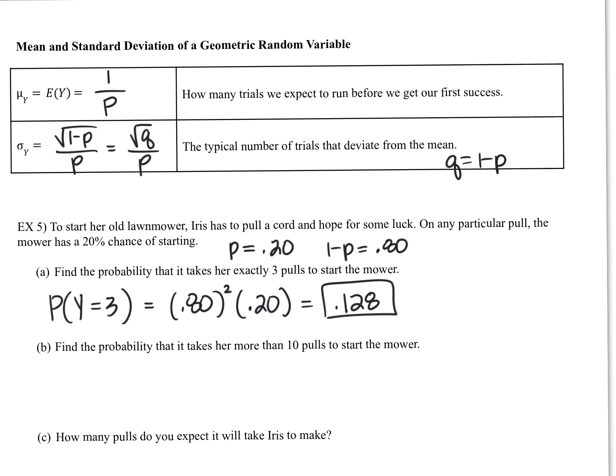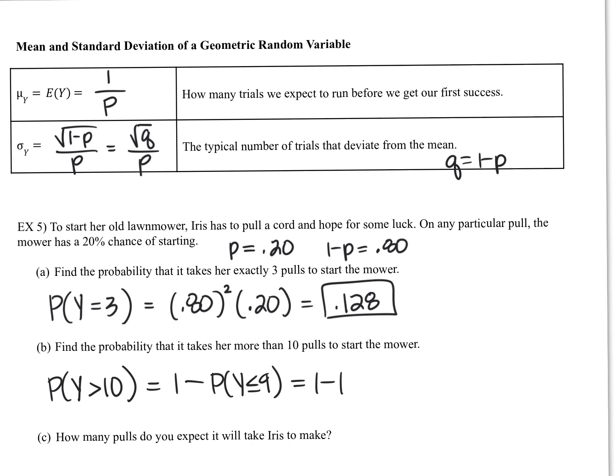Okay. B, we want the probability that it takes more than 10 pulls to start the mower. So that's strictly greater than 10, which means I need to do 1 minus the probability that it takes less than or equal to, sorry, less than or equal to 9. So here I'm definitely going to use the geometCDF, mainly because n is so large.